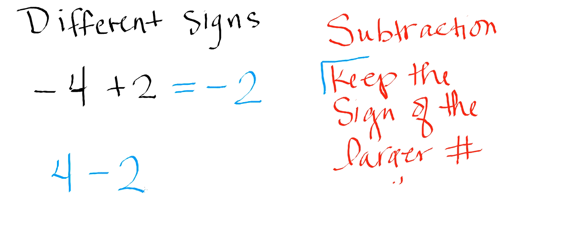One of my numbers is positive, one of them is negative, but this is just written as normal subtraction, so I'm pretty safe to say that's just 2. 4 being my larger whole number is positive, so my answer should be positive, and we kept it positive, so we're good there.